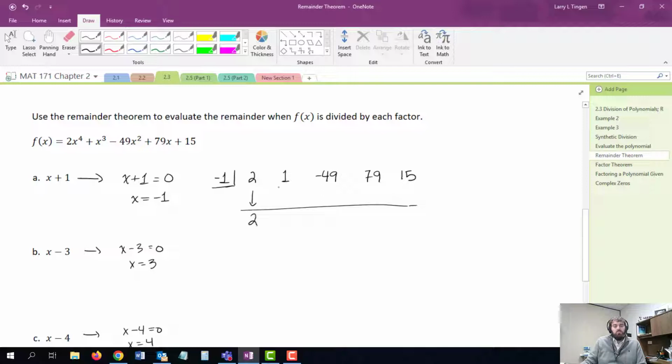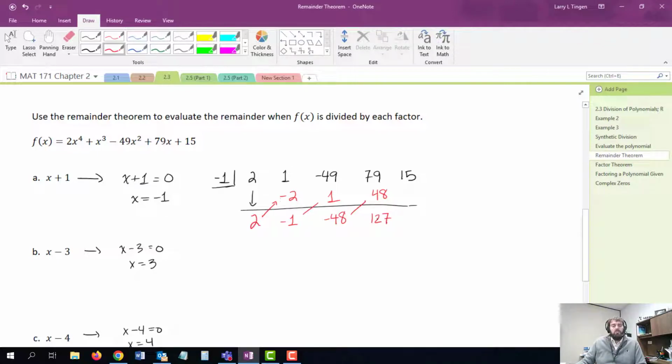All right, so bring that 2 down, and I do this in red typically, so let's do that. And I'm just going to stick with one color right now. 1 times 2, -2. 1 plus -2 is -1. -1 times -1 is 1. -49 plus 1 is -48. -48 times -1 is 48. 79 plus 48 is 127.